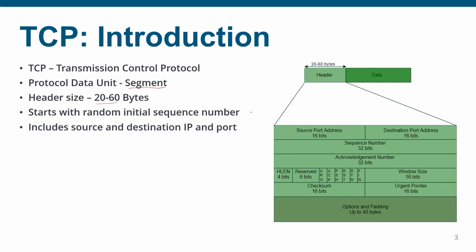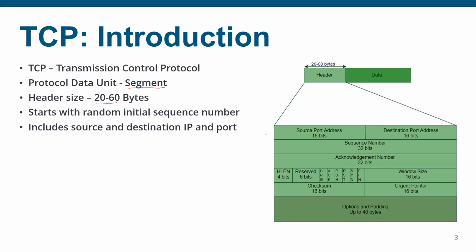The first TCP message that is sent starts with a random initial sequence number. And the TCP header includes both a source and destination port number. So over here on the right, we have a cutout of the TCP header.